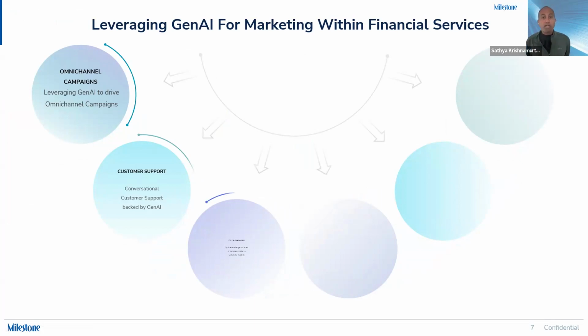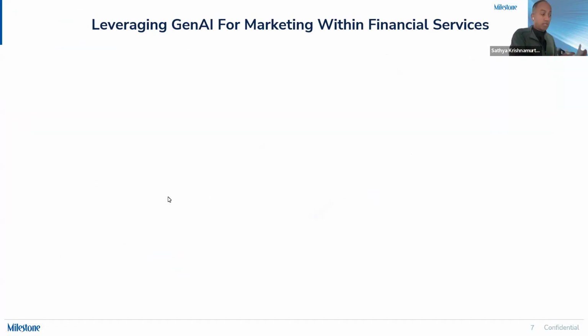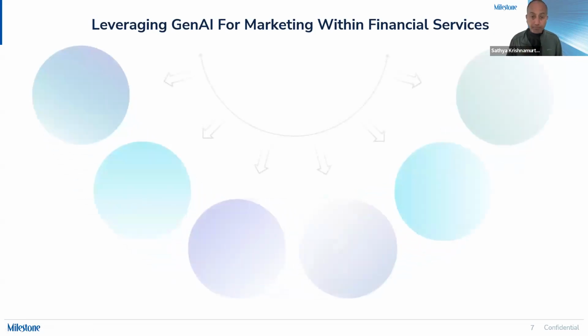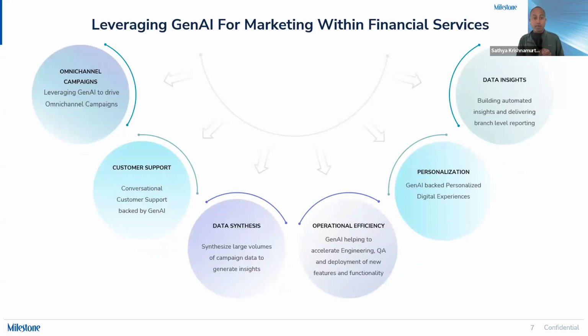What that means is they are building full omni-channel experiences which are curated by GenAI. They are making sure that the images and content are all built through GenAI, and customer segmentation and targeting is all driven through GenAI, right?